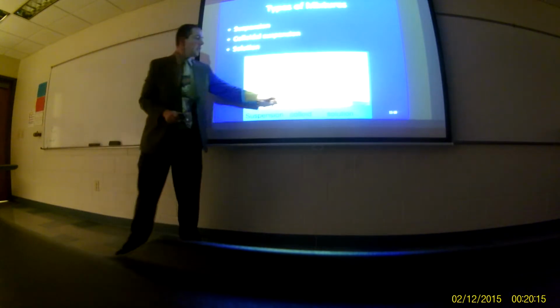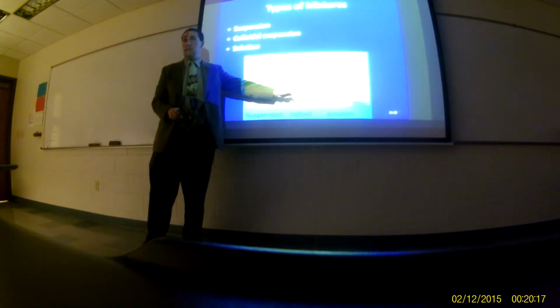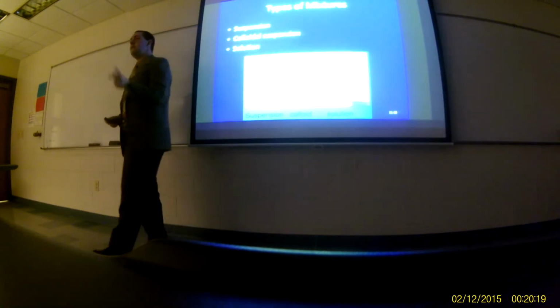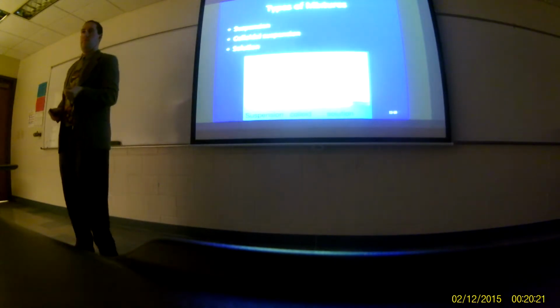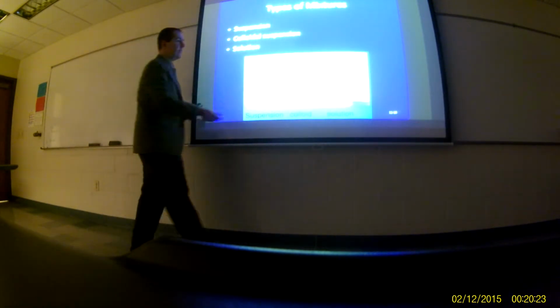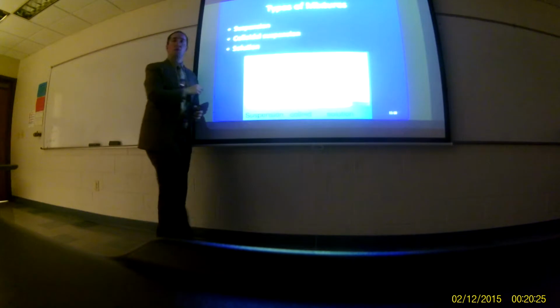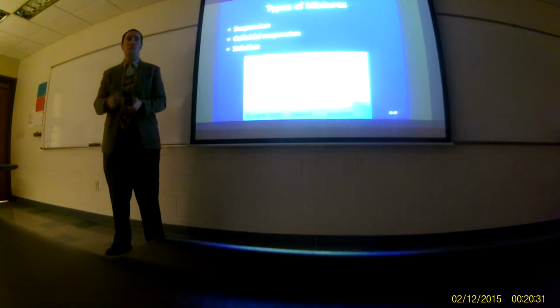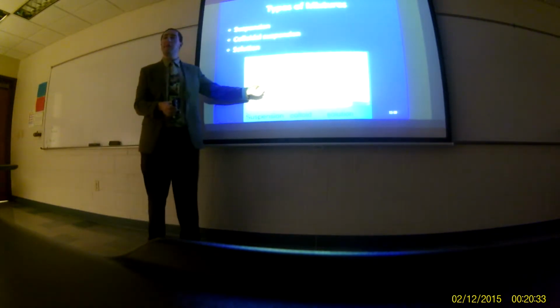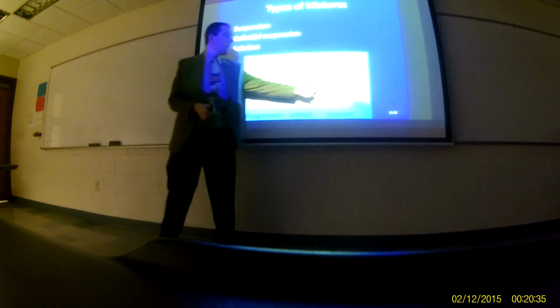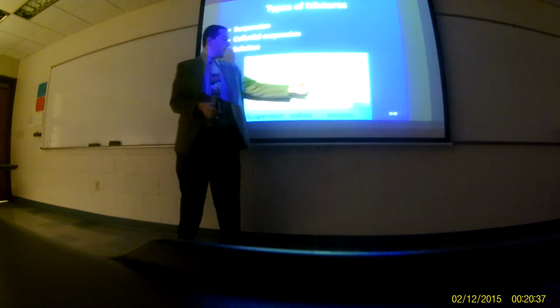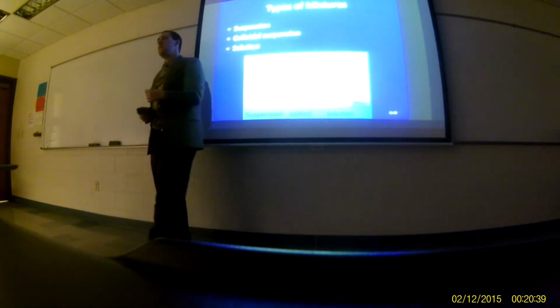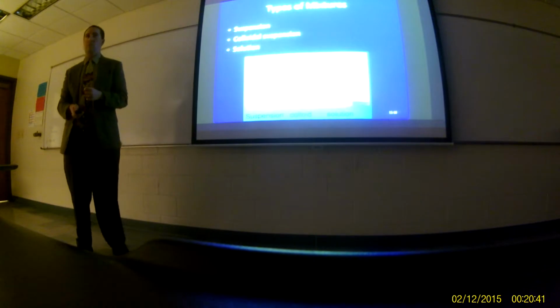There are particles that are big enough to be seen, but they're not big enough to settle out. So if we let this sit here, it's going to look the same. It's cloudy, but it will not settle out. This is cloudy and it will settle out. This is not cloudy, and this is cloudy, but it will not settle.